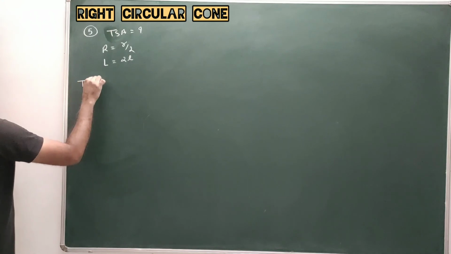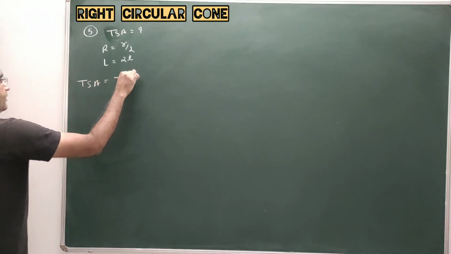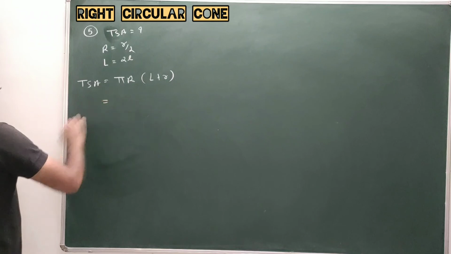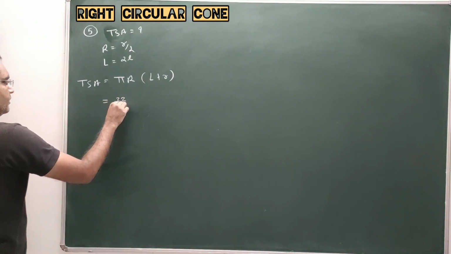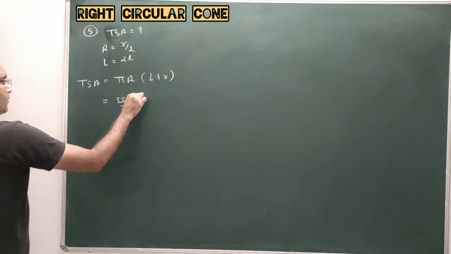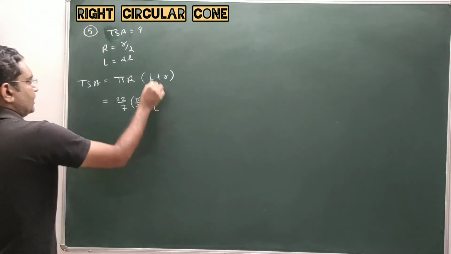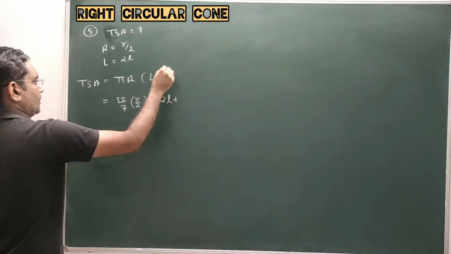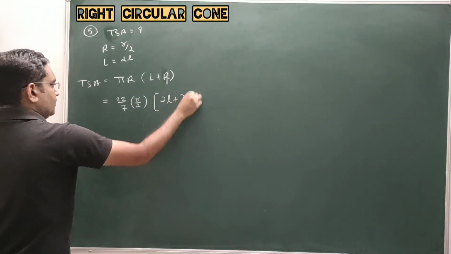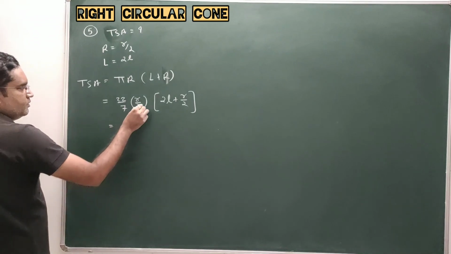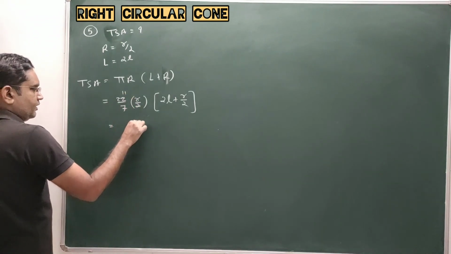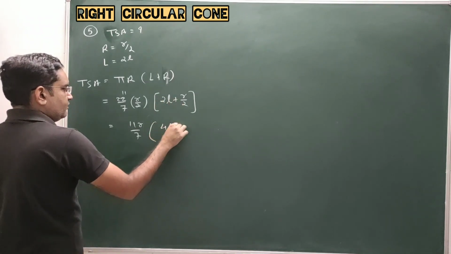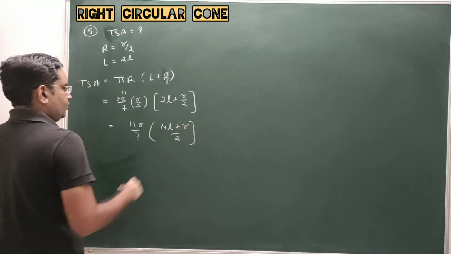The formula for the total surface area is pi R into L plus R. So this is pi, 22 by 7, radius R equal to r by 2, slant height L equal to 2L. So 11 2s are 22, so 11 r by 7, 2 2s are 4L, plus r by 2.